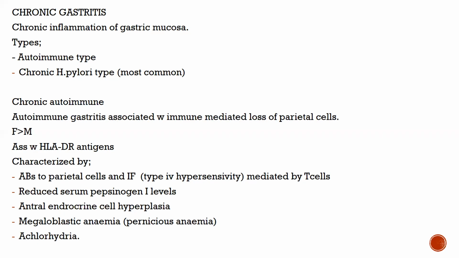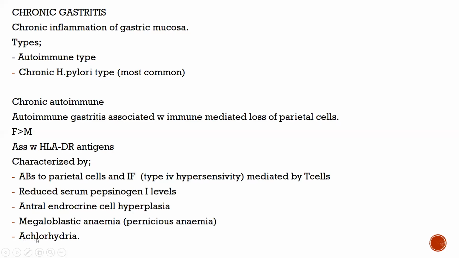Correct? So how does the body respond to that? The body responds by increasing the release of gastrin. From where? The antral G cells. Because the G cells are found in the antrum, the patient will present with antral endocrine cell hyperplasia.